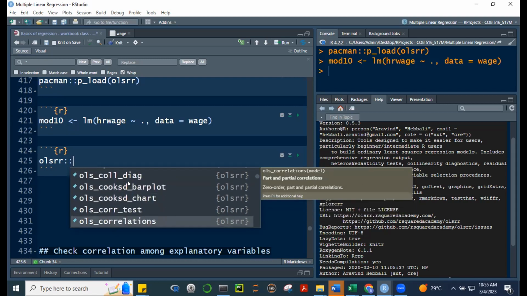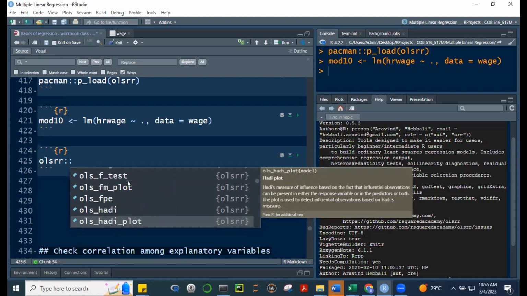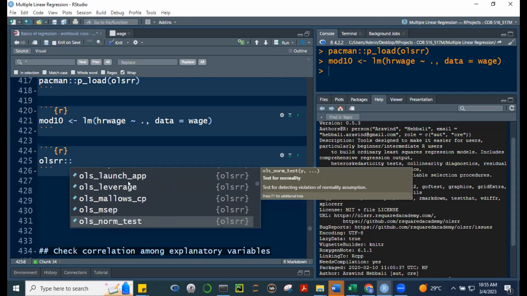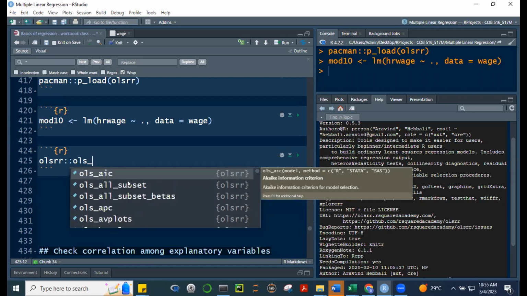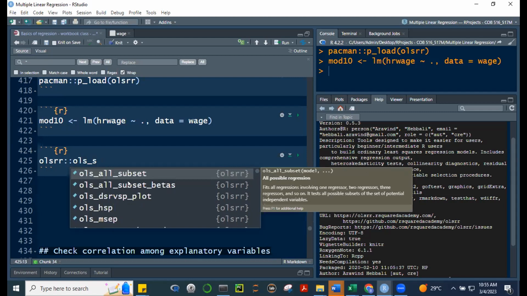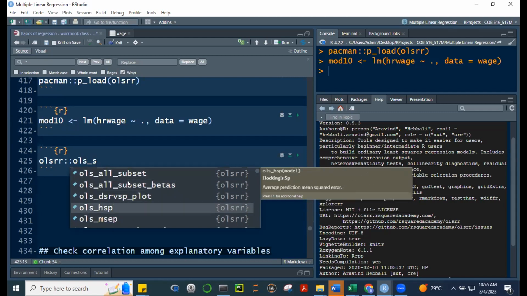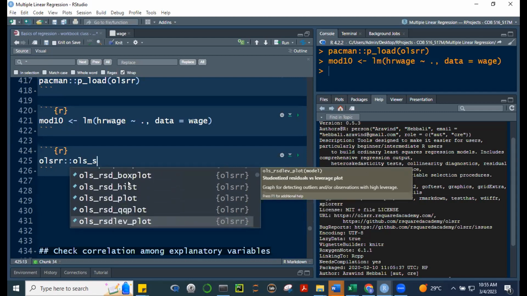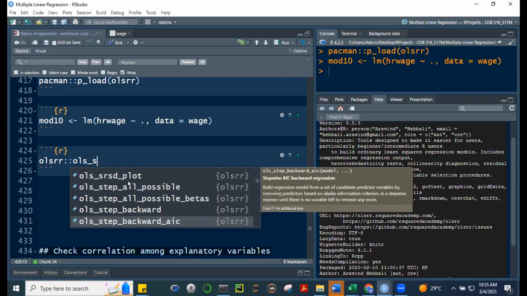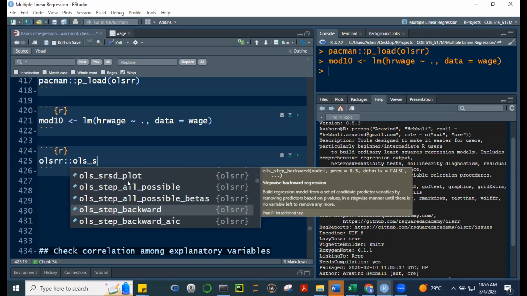So many functions. Let me type ols_ to be faster, s, r. There, class. Step. What we used earlier was step backward, right? So let's do this, step backward.